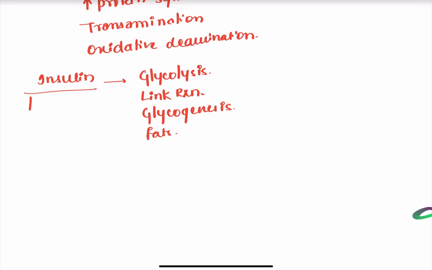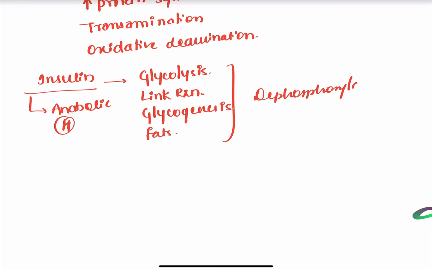So insulin is mainly the anabolic hormone. Whatever the anabolic reactions are taking place, insulin is responsible for that, and for this, the dephosphorylated enzymes are responsible. The enzymes are active in dephosphorylated states in these reactions.